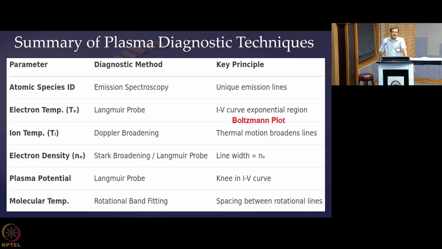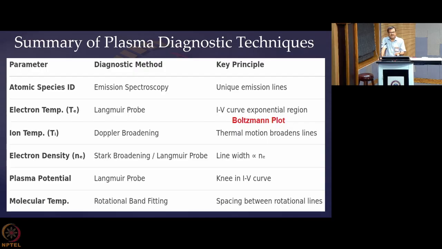So in summary, for plasma diagnostic techniques: the atomic species diagnostic method is emission spectroscopy. The principle is unique emission lines, to identify the species. If you want to find the electron temperature, you can go for Langmuir probe, or emission spectroscopy in case of thermal plasma.